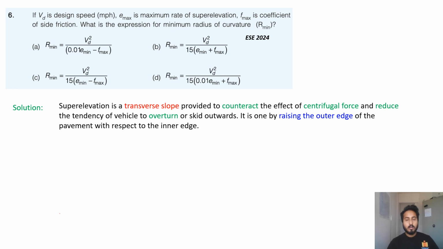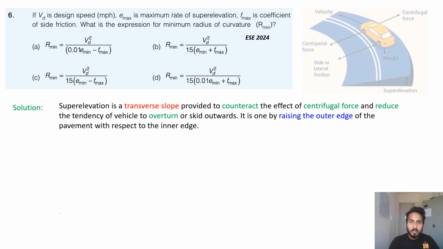We all know that it is a transverse slope which is provided to counteract the centrifugal force which forces you to move out of the track. So to counteract that, we have some transverse slope, and also it reduces the tendency to overturn.